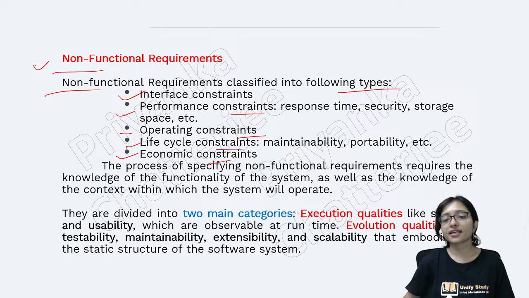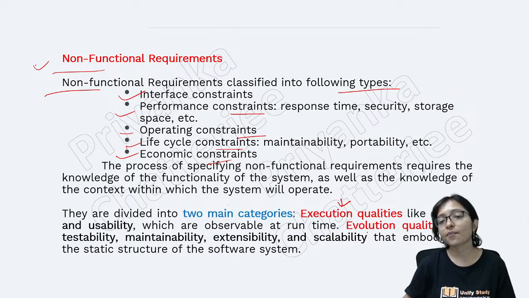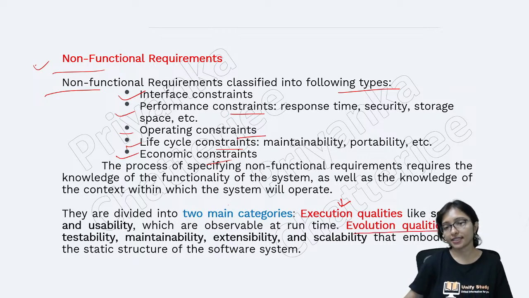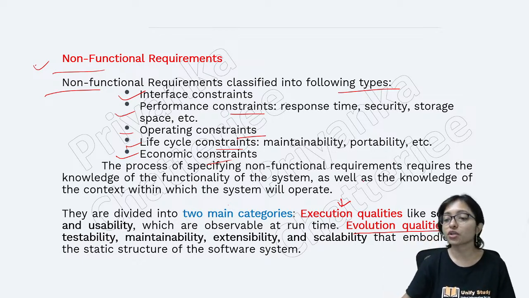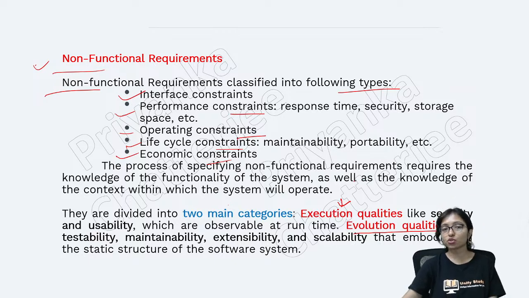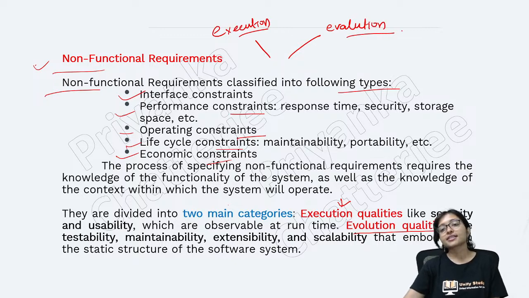We can divide them into two main categories: execution qualities and evaluation qualities. You have to remember that also. Execution qualities are like security and usability.